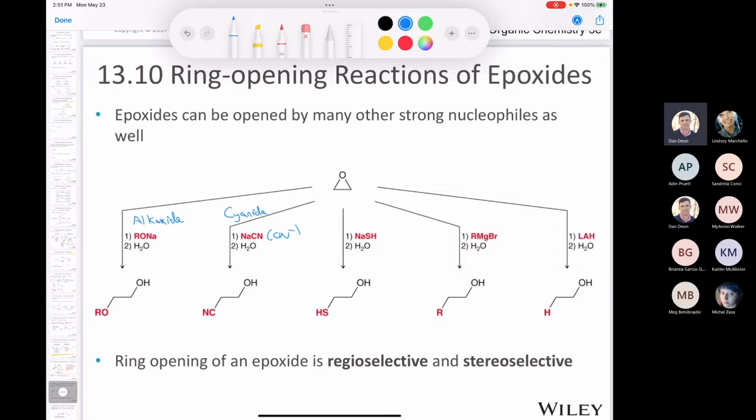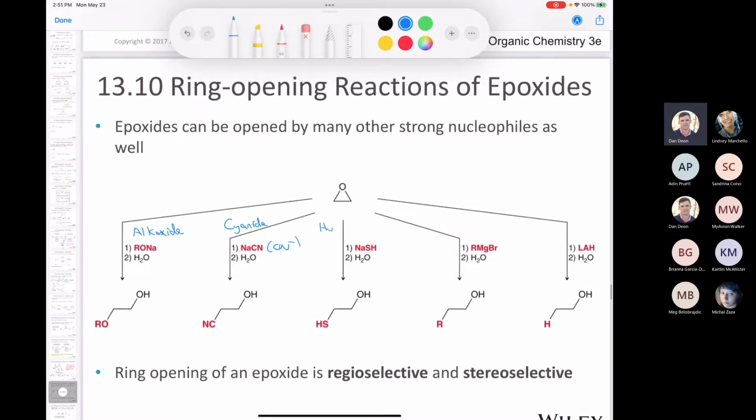So that's SH minus. You could use a Grignard, or you can use a hydride, like lithium aluminum hydride. Either way, all of those are good nucleophiles, and they're all going to react with an epoxide.